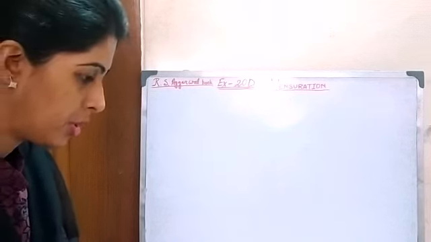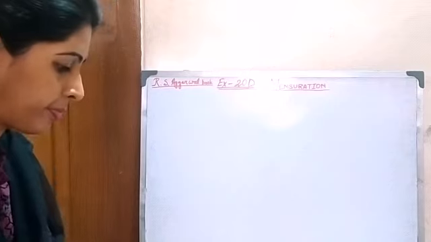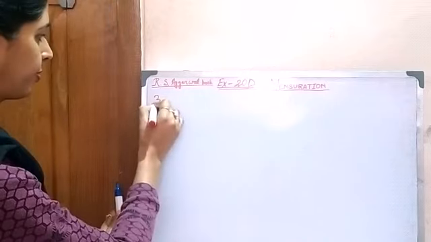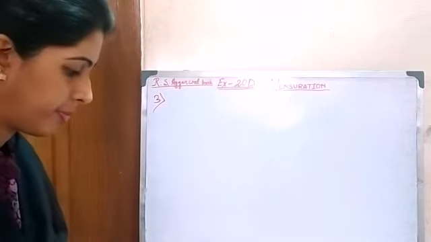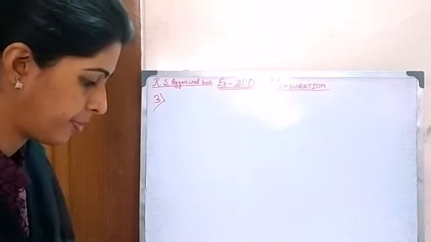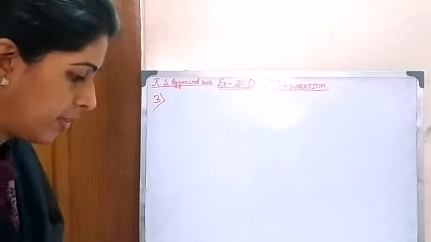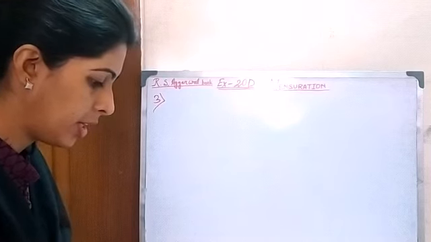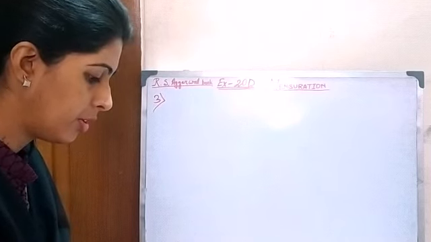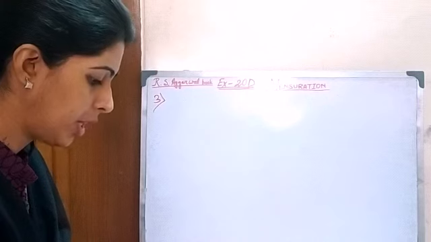First, I will discuss question number 3. Find the height of a triangular region having an area of 224 meter square and base is 28 meter.